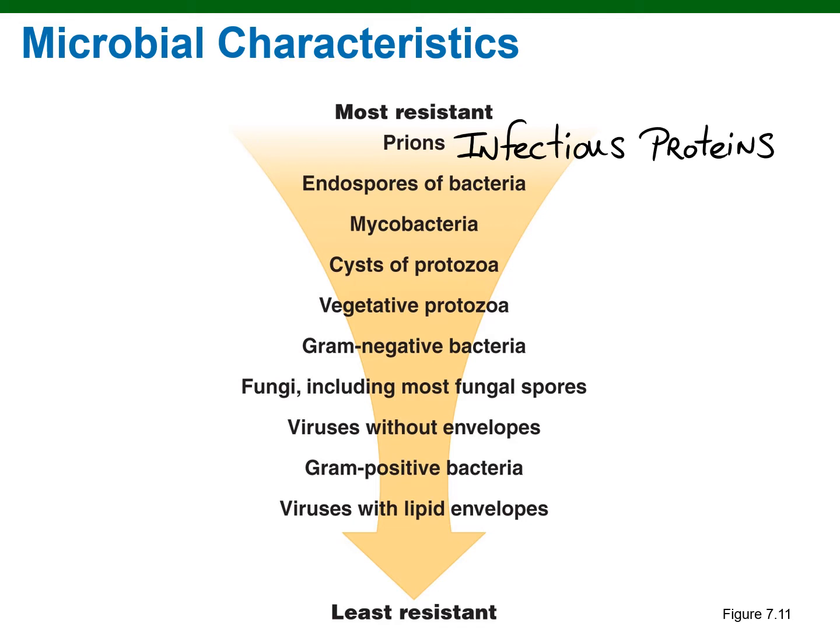Next on the list, we have endospores. We've learned a fair amount about endospores in this course so far. What makes endospores so durable in the bacteria that produce them are the keratin-like proteins that protect the endospore from being degraded by most disinfectants and antiseptics.